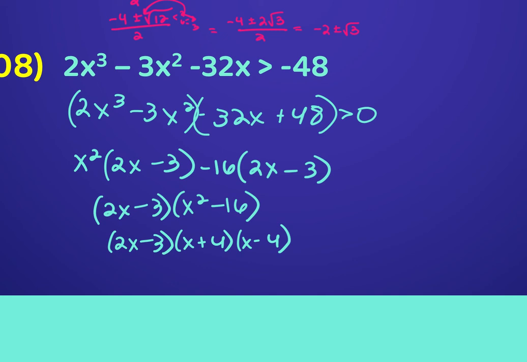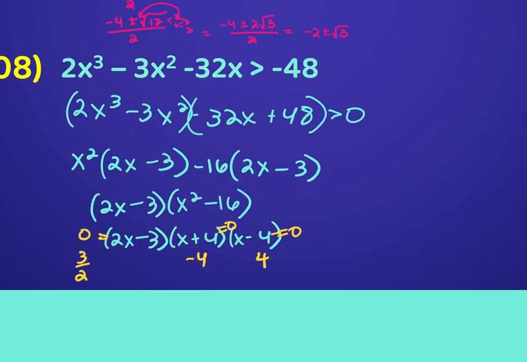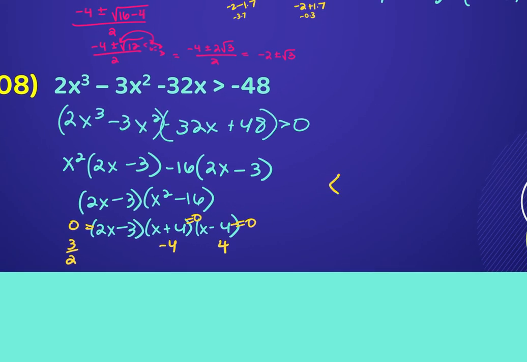So now when I split and solve, I get 3 answers: 3 halves, -4, and +4. So first comes -4, then comes 3 halves or 1 1/2, and then comes 4.